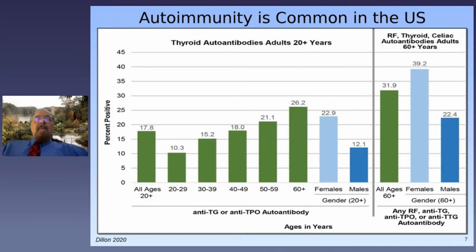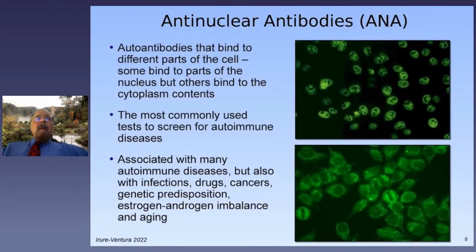Now, not all these people have autoimmune diseases, of course. That's the other issue we talked about before. Another group of antibodies are called antinuclear antibodies, and these are antibodies that bind to different parts of the cell. And these are the most commonly used tests to screen for autoimmune diseases, and many of you probably have had ANA tested at one time or another by your doctors.